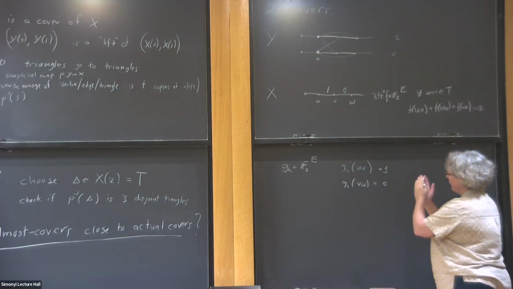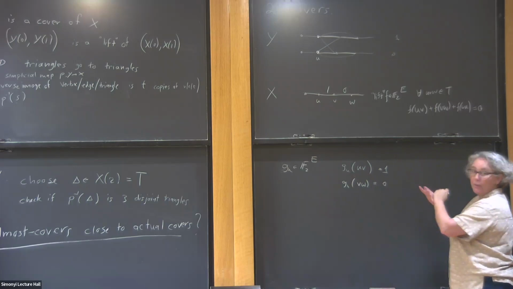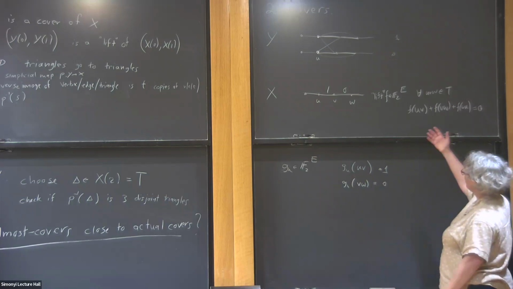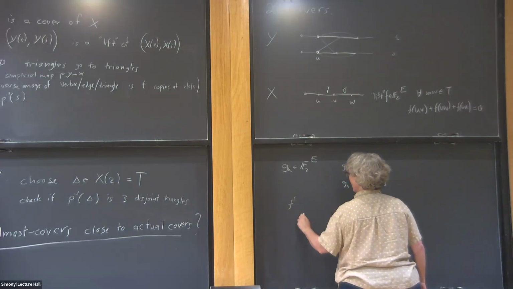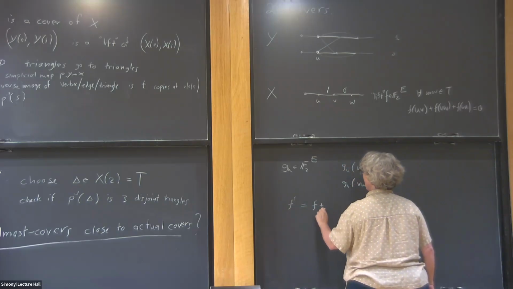So it basically just indicates a star around U. And what we did to our F is that instead of F, we defined F prime, which is F plus G sub U.